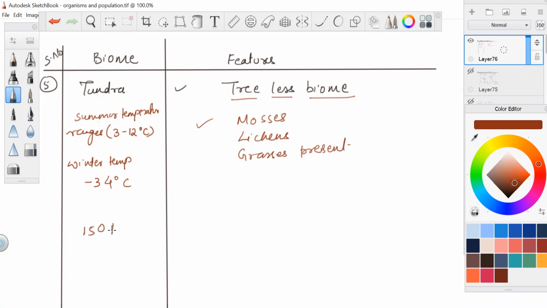Precipitation here you will see 150 to 250 millimeter per year.